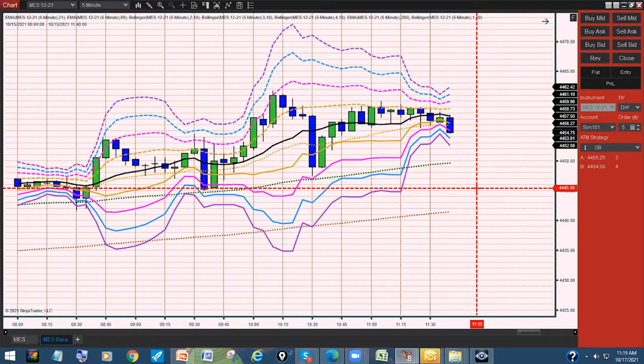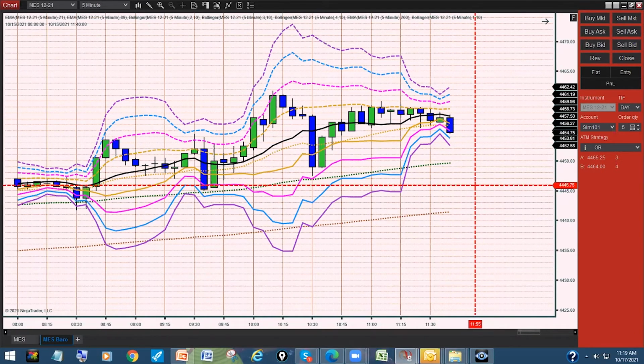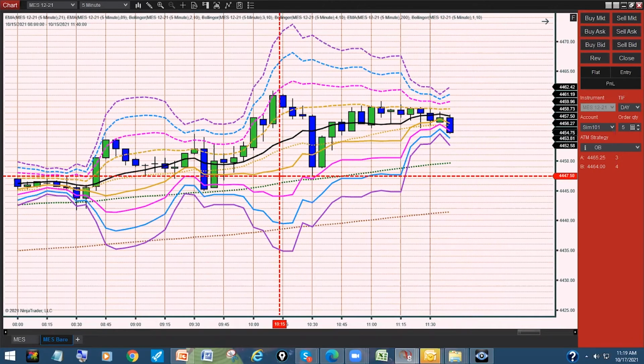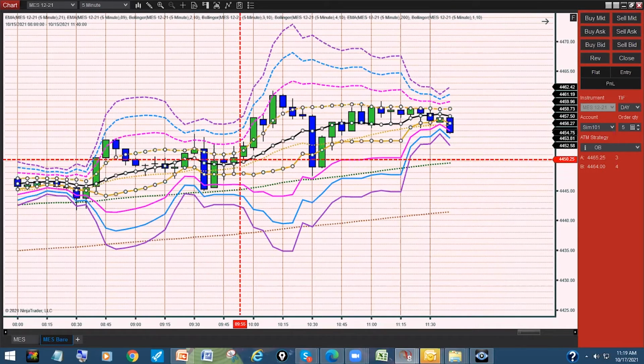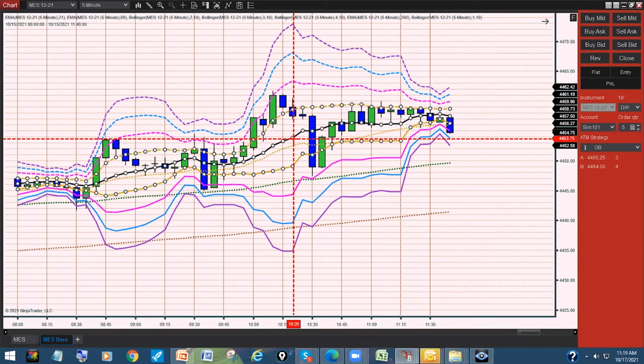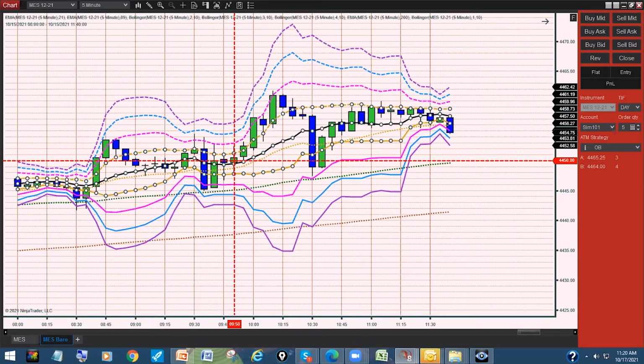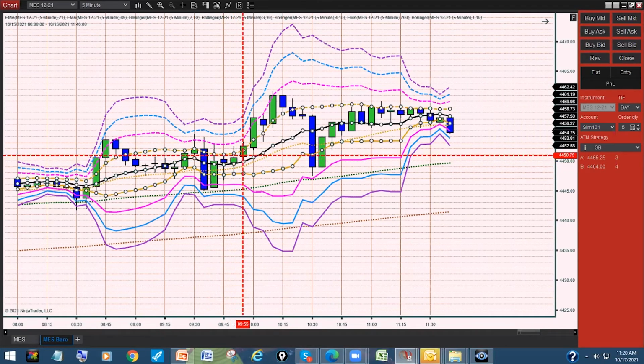Got it. Now, there's one other thing that I like to do sometimes. Whatever your risk scheme is, right? Let's just say it's a 5-4 or 7-5. Let's say it's a 7-5. You want to be opportunistic, right? So you come in here and you say, okay, I got a 7-5.